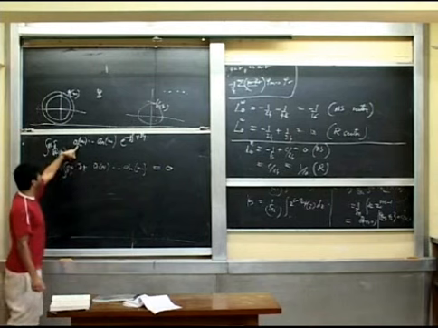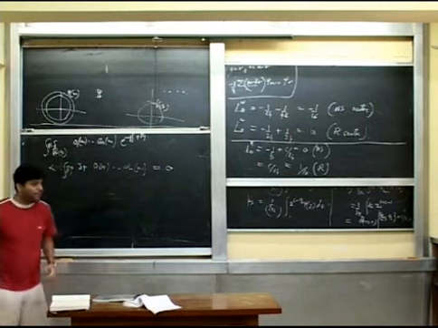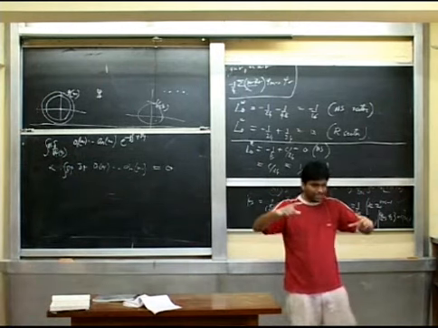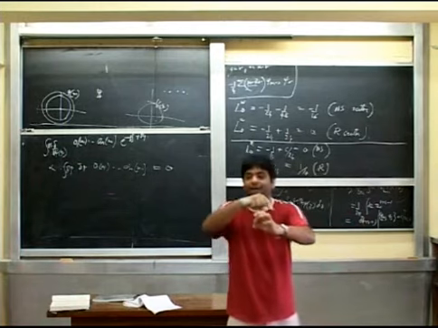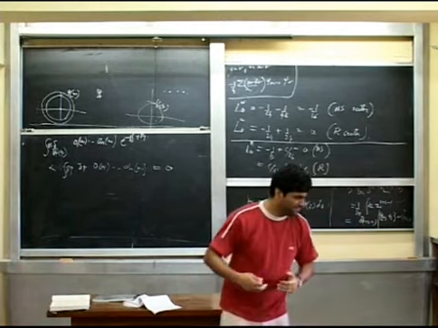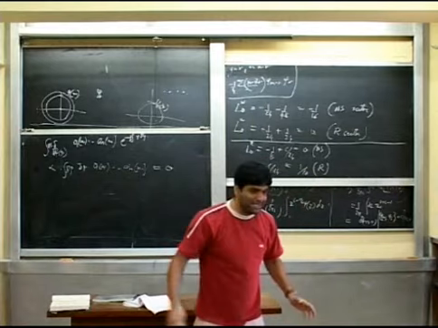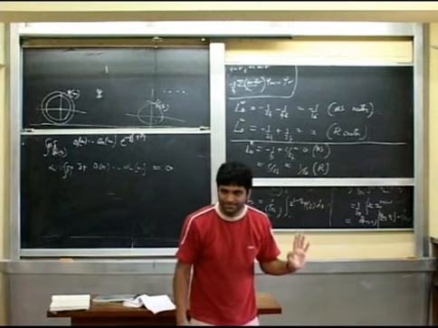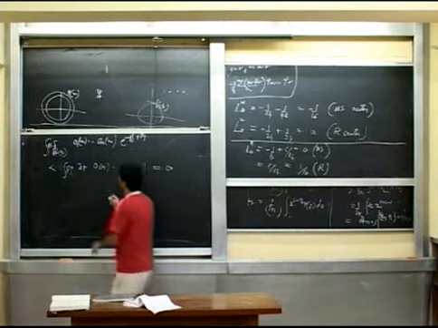This equality is true provided z is not equal to any of the insertion points. But that's a situation of relevance to us because we're looking at a correlation function with no operators inserted in or on the boundary of the unit disk. Okay? And we'll be doing an integral of psi of z on the unit disk, so we'll never encounter a singularity by any other operators. This is clear, right? So that's it.